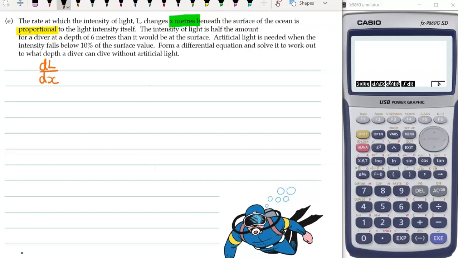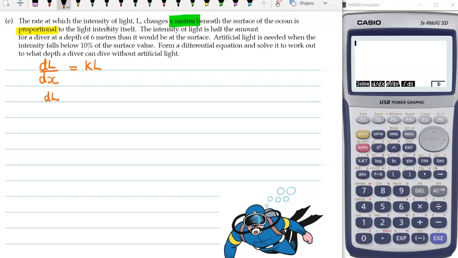But that rate is proportional to, which means we write it as equals a constant k, and then it's proportional to L itself, so the light intensity itself. We write that as this. Now I'll take you through the steps. We look at this as separating variables.